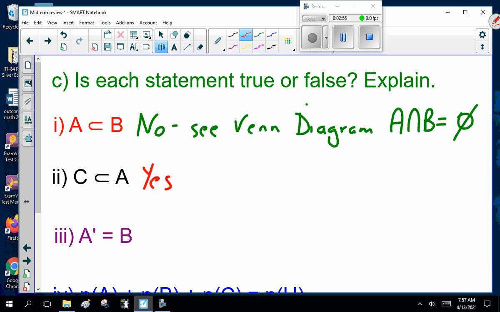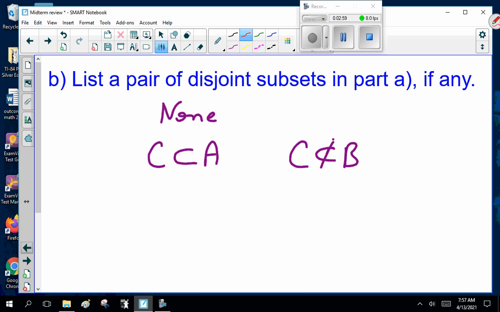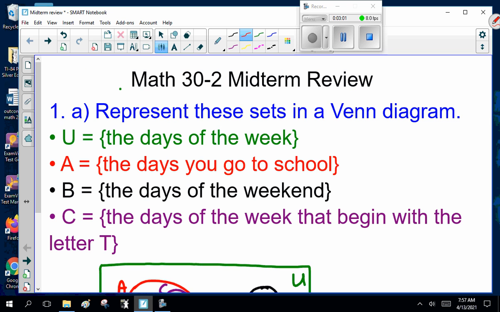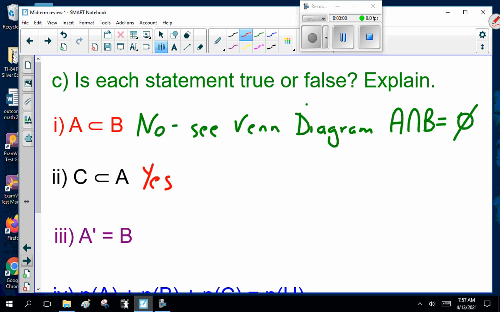Is C a subset of A? Well, yes, it is. See here, Tuesday, Thursday is part of the bigger set A. Yes. Subset.